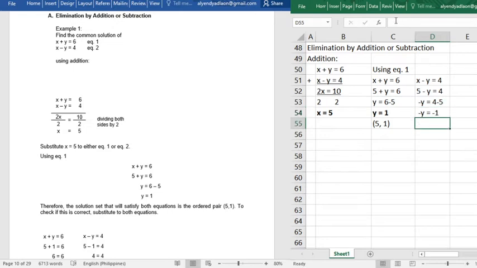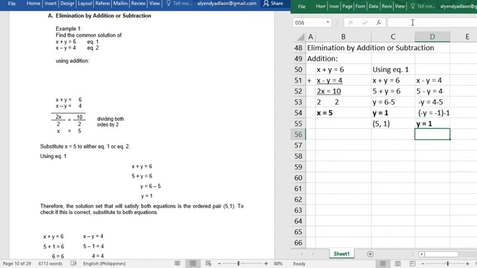Now take note class that y should be positive. So what we are going to do is to cancel the negative sign. To cancel, we have to multiply both sides by negative 1. So negative y times negative 1, that is now y. Negative 1 times negative 1, that is now positive 1.